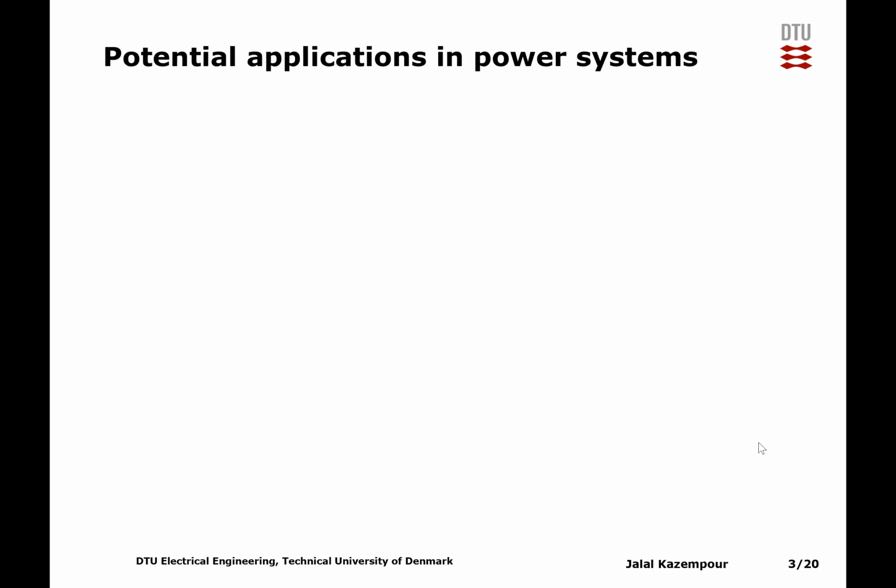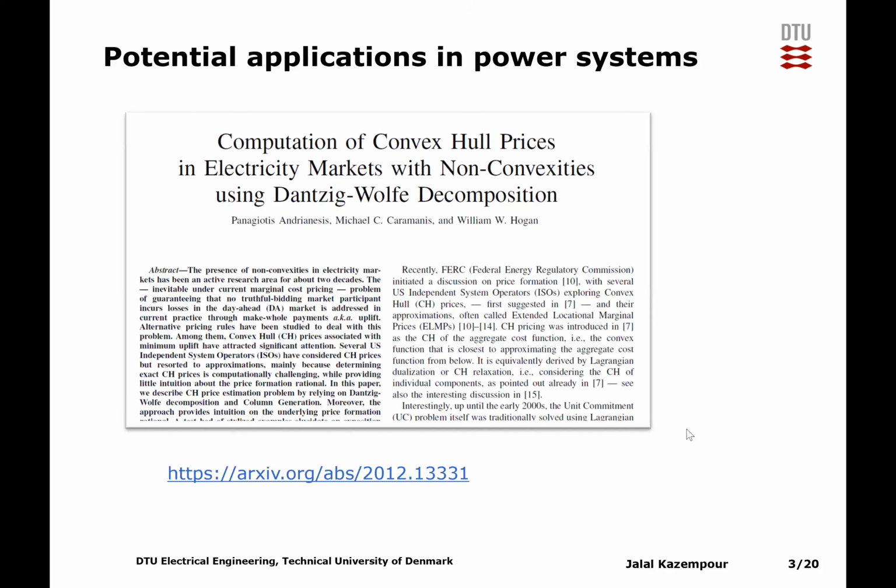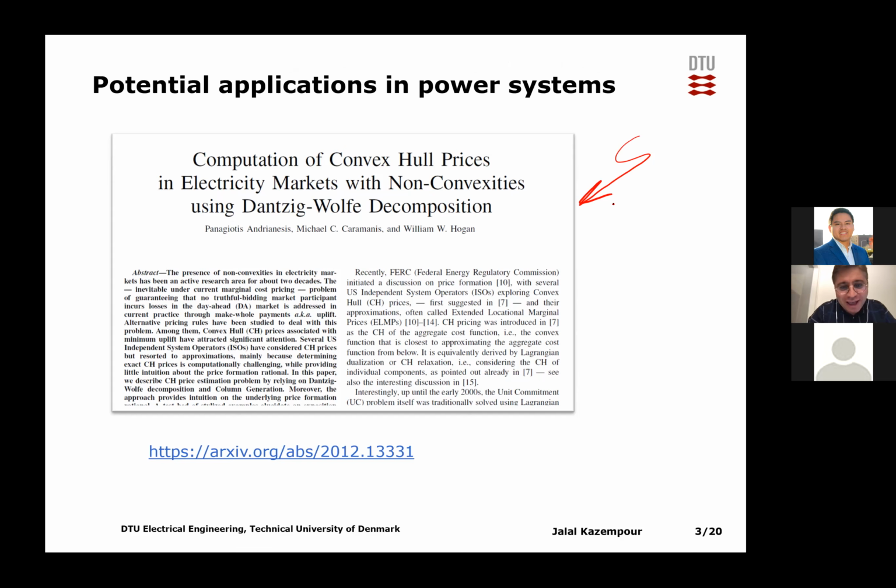So, potential applications in power systems. I got an email from my colleague today saying that there is a new paper from the groups of Bill Hogan, Karamanis, and Andrianesis. It's about the applications of Dantzig-Wolfe decomposition for computation of convex hull pricing.